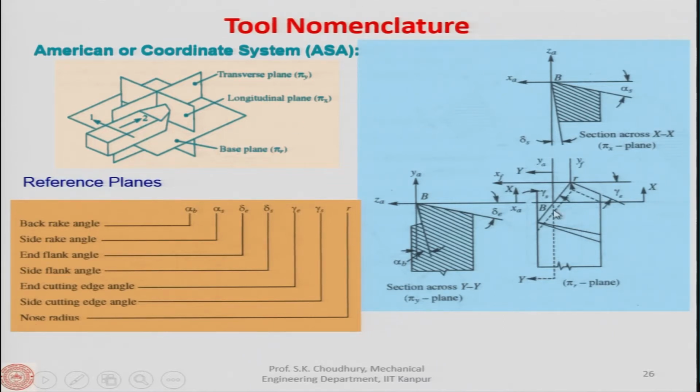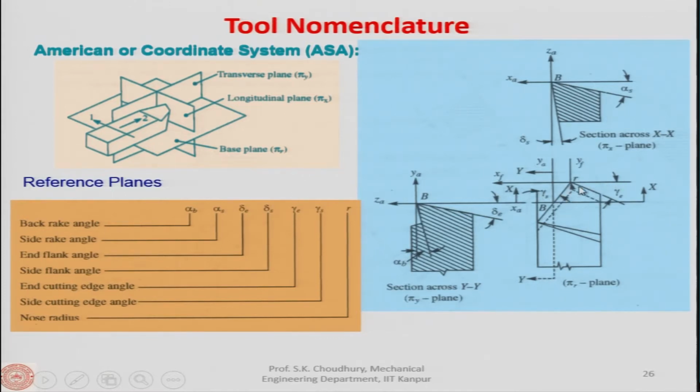Okay. Now, the other 2 angles are the cutting edge angles. These are the 2 cutting edges. This is the principal cutting edge and this is the auxiliary cutting edge. So, the principal cutting edge makes an angle with the x axis, all right, rather with the y axis, let us say, which is called the side cutting edge angle.